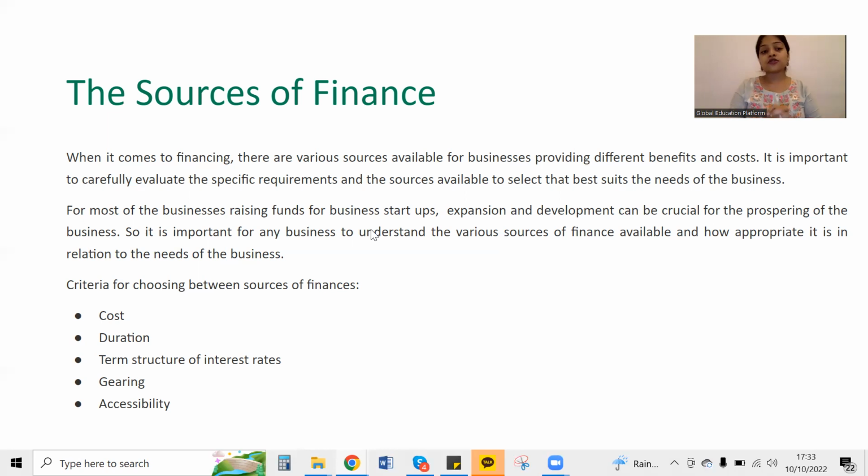Also, it is important to carefully evaluate the specific requirements and the sources available, to select what best suits the needs of the business. So you need to understand the pros and cons. You cannot say, okay, I'm going ahead with a loan, because you have to make sure whether you are able to repay the loan.